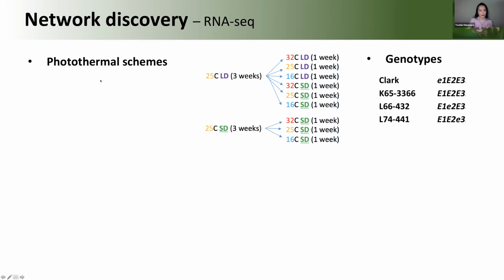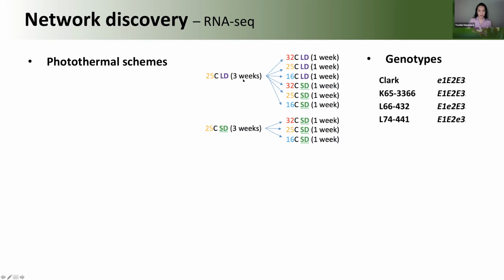We use multiple photothermal light regimes and temperature conditions to perturb the networks. We first used 25 degrees, long day conditions, with longer day lengths for 3 weeks. We also had a separate experiment, 25 degrees, short day, 3 weeks.